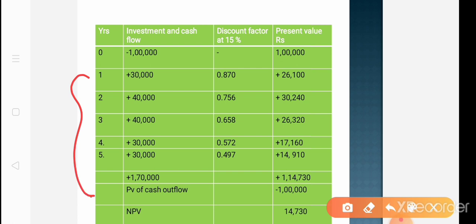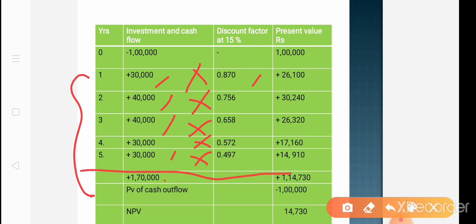So we are moving toward finding out the inflows' present value. Here there is an inflow of 30,000, 40,000, 40,000 like that. Then its discount factor is also given. So to find out the present value, you want to multiply each inflow with its discount factor till the fifth year. I think it's clear for you.